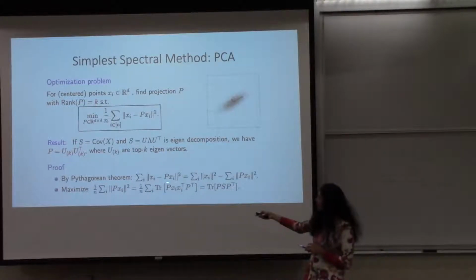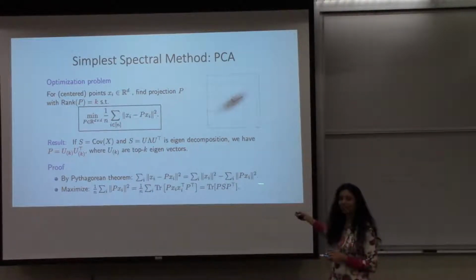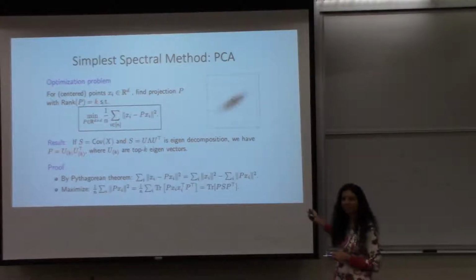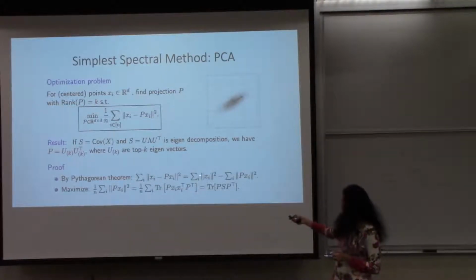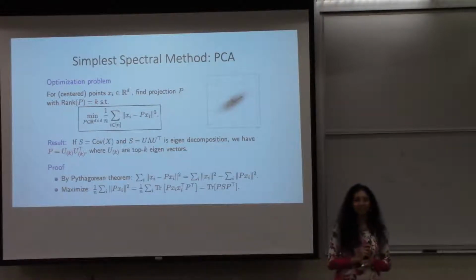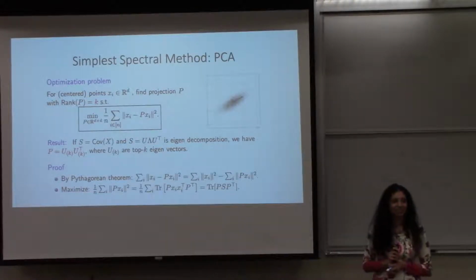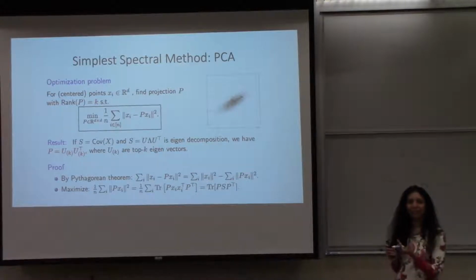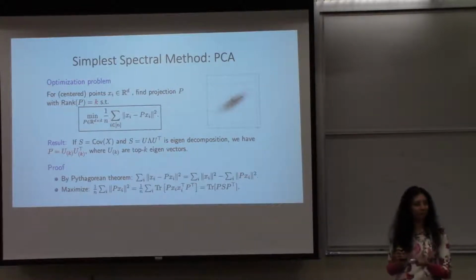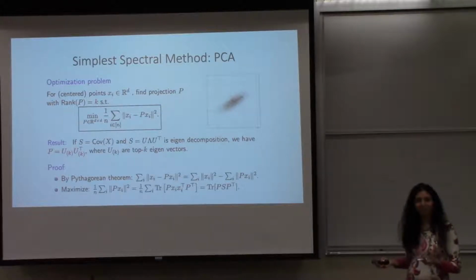And I think you all remember the Pythagoras theorem, right, for vector norms. Can somebody tell me what's going on in this expression here? Why is this true? So how can I think of measuring the norm of a vector? Is the norm of a vector dependent on a basis on which I'm measuring? No, right?